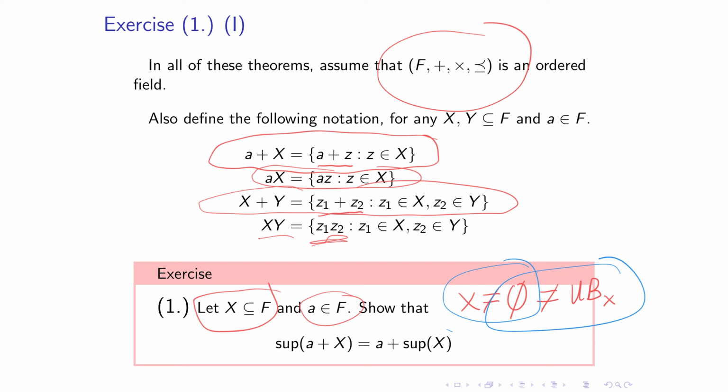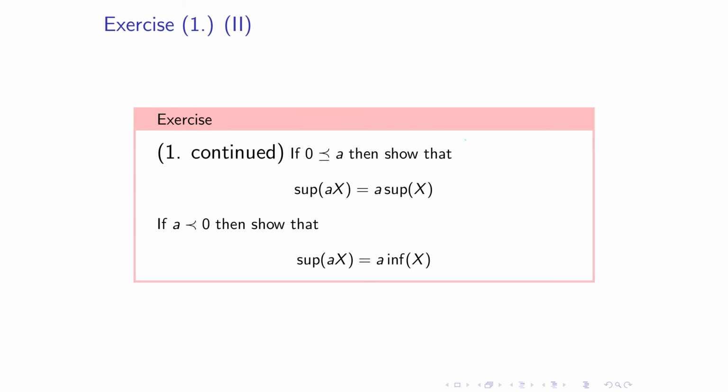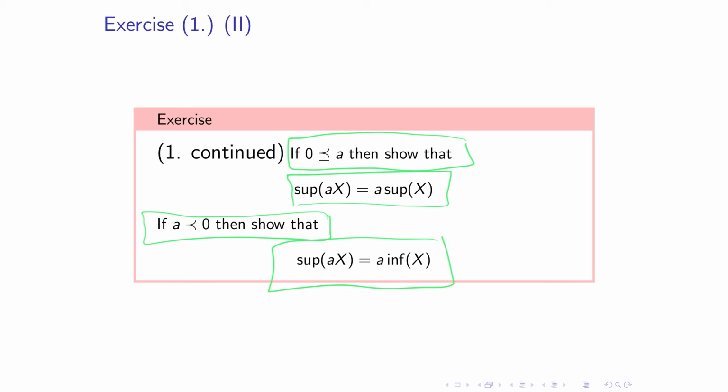Under all those assumptions, we will prove this fairly believable equation: sup(A plus X) is the same as if we pull the A out, A plus sup X. Now, if A is a non-negative number, then the same kind of thing holds for sup(AX), although when we have a negative number, then when we pull A out of the sup of AX, it flips it to an infimum.